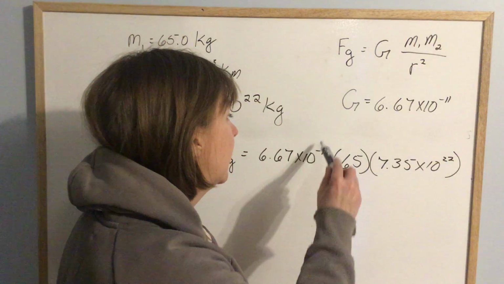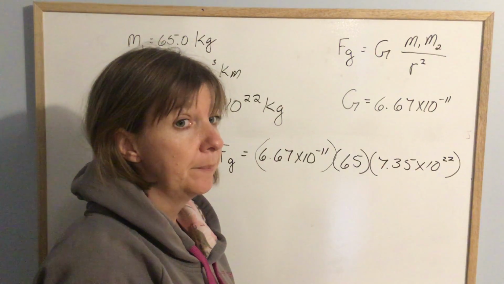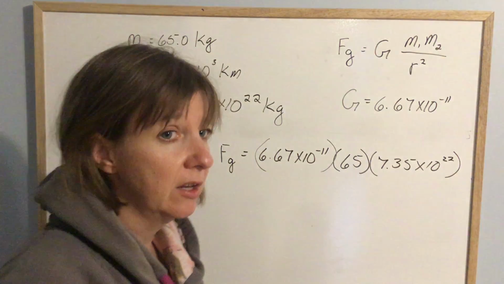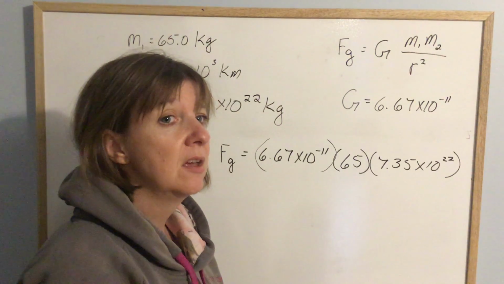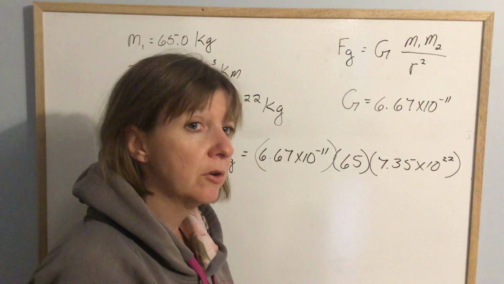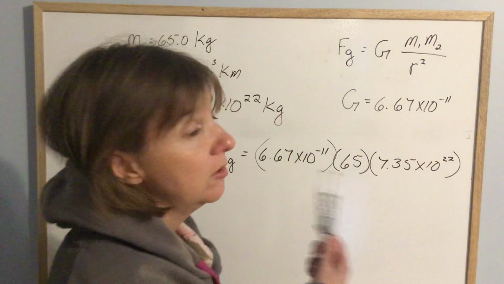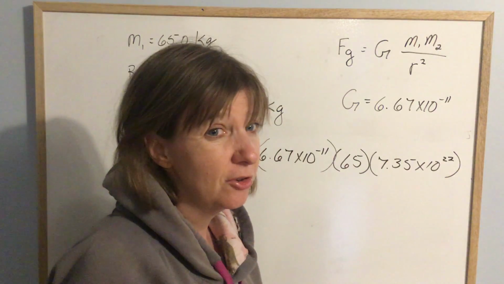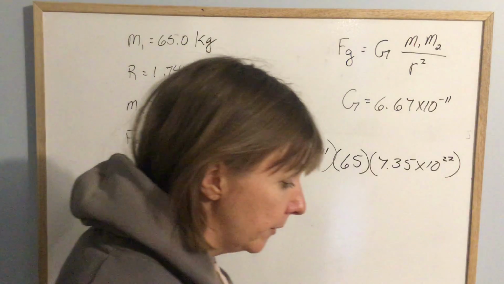I do recommend using brackets. Some calculators can handle it without it. Some really need the brackets. If you're not sure about your calculator, default and use the brackets. Better to use them and not need them than to not use them and actually need them.